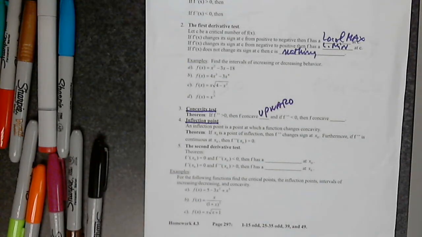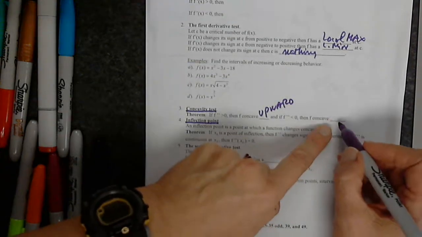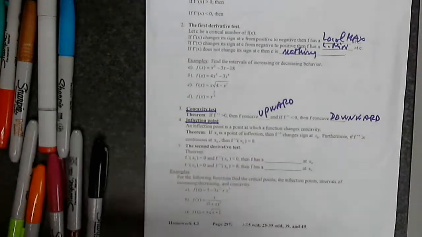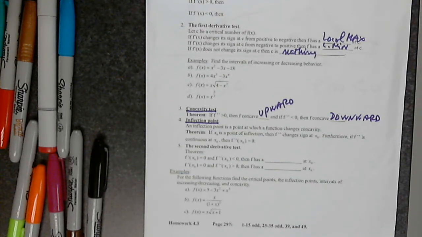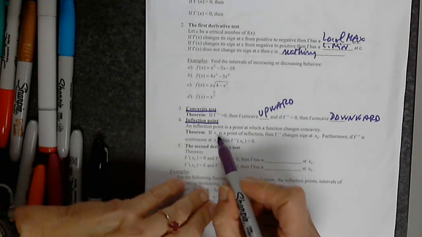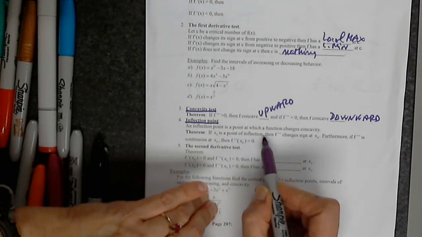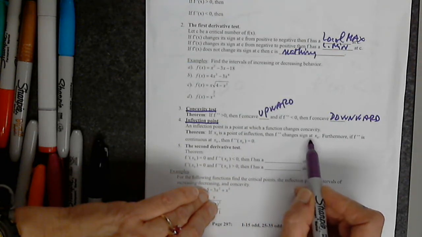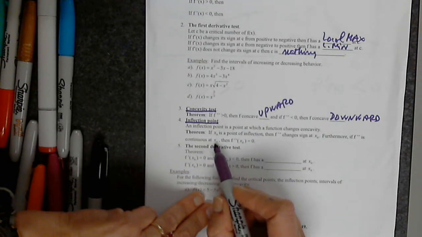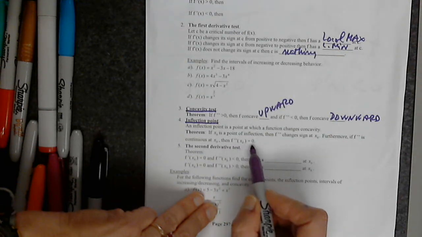And if the second derivative is less than 0, negative, then f is concave downward. Where the second derivative is 0 and changes sign, that will be an inflection point. If x0, a value of x, is a point of inflection, then the second derivative changes its sign at x0. Furthermore, if the second derivative is continuous at that point, then the second derivative is 0 at that point.